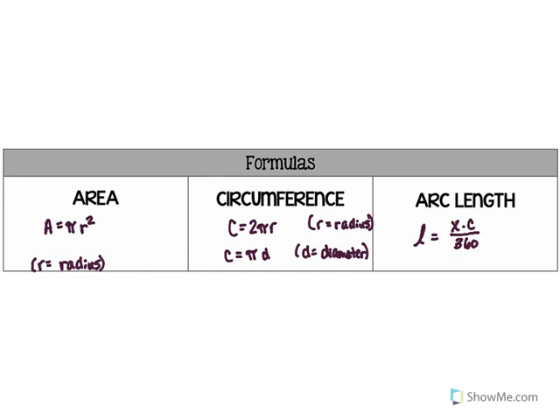Now x is the degree of your arc, and c is your circumference. So that's kind of your new one that you need to know. The others should be kind of a review.